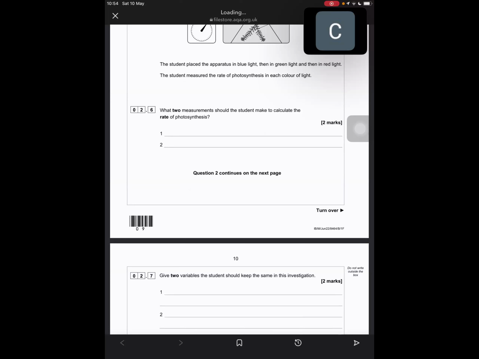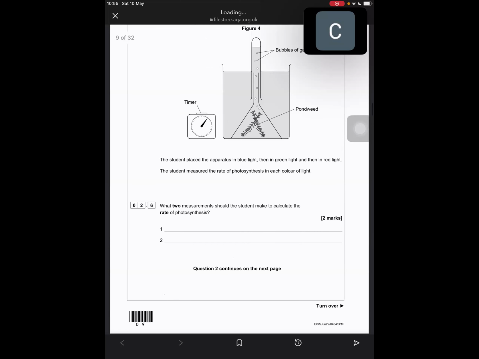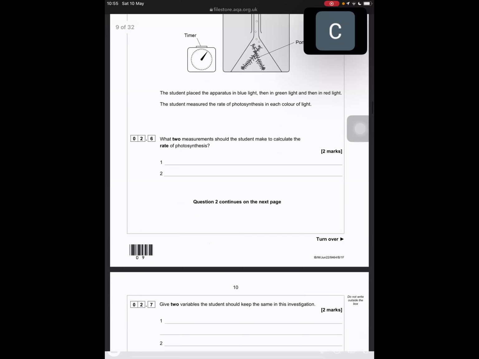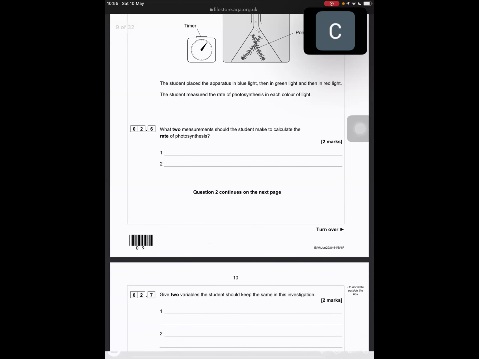I think the volume of the liquid that the conduit is in. That should be water, right? It should be water, isn't it? Yes. Okay. So the volume of water used should be fixed.